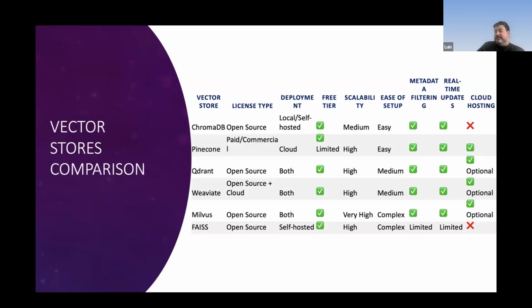The difference between having something locally versus something in the cloud depends on the size of your data. Let's say you have 2 TB worth of embeddings that you need to put on a vector store, and you only have a computer with 12 to 16 gigs of RAM.